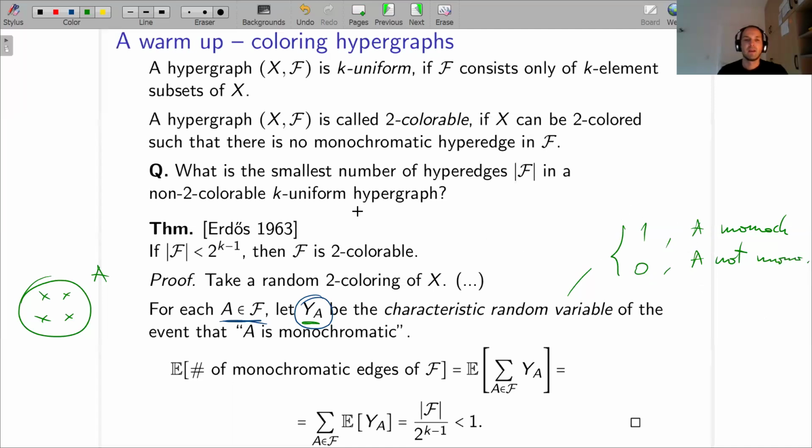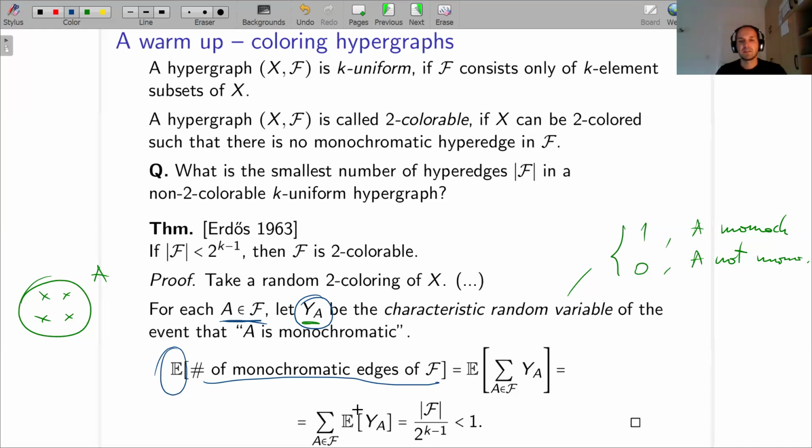Okay. And then if you look at the number of monochromatic edges of F, this is obviously the sum of those. If you sum ones for all monochromatic sets and zeros for all non-monochromatic sets, we actually count the number of monochromatic sets. So the expected number of monochromatic edges of this coloring of the hypergraph is equal to the expected value of the sum of these characteristic random variables.